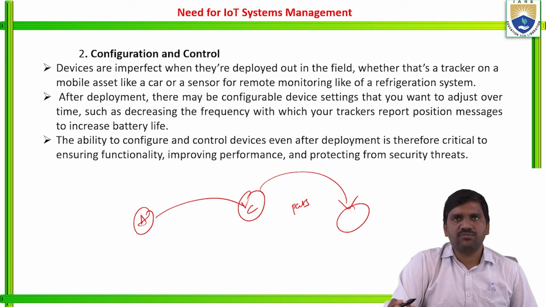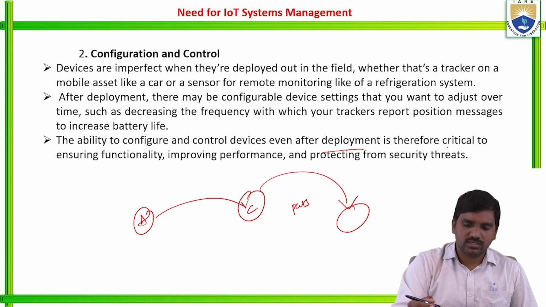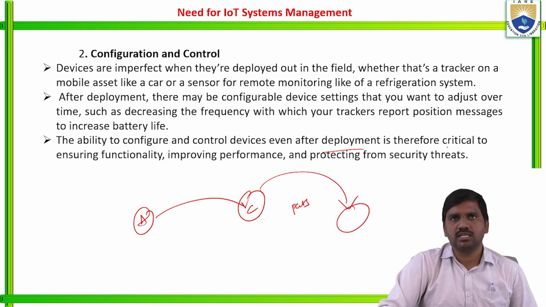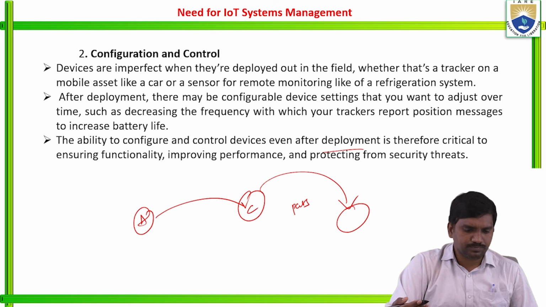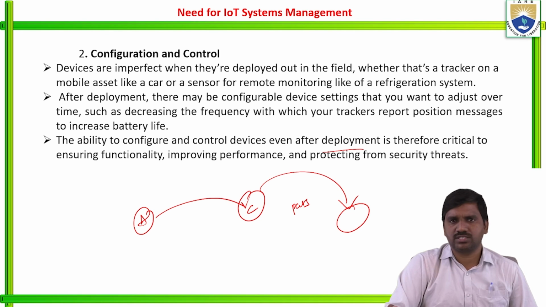The ability to configure and control devices even after deployment is critical for ensuring functionality, improving performance and protecting from security threats. So these are some points regarding configuration and control.